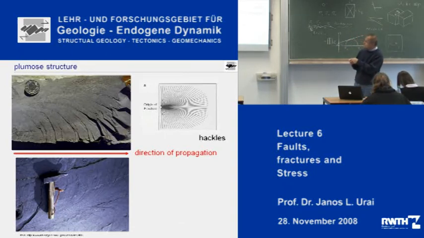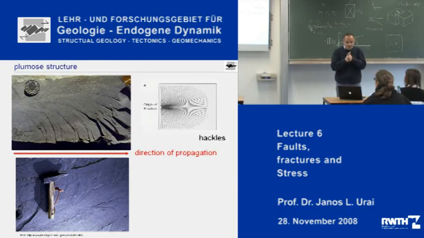So just one more picture of how these fracture surfaces look. The fracture started here. There has been a very, very high stress at the tip of it, high enough to break the rock, and the fracture propagates. And what has happened here is that during the propagation of the fracture, okay, so let's say that my hand is the fracture, and sigma 3 is like this, okay?